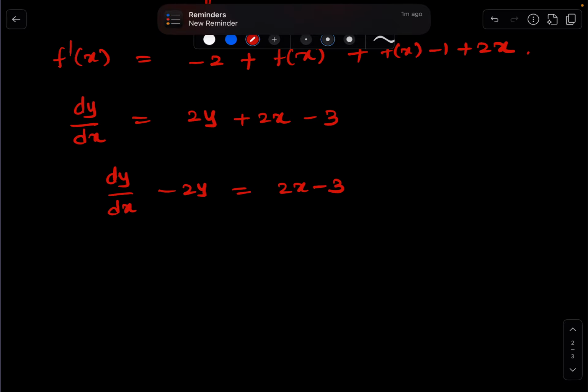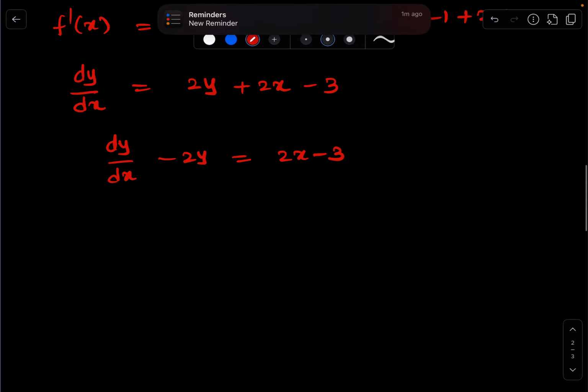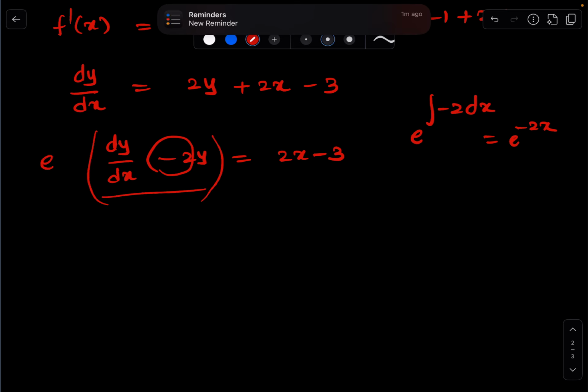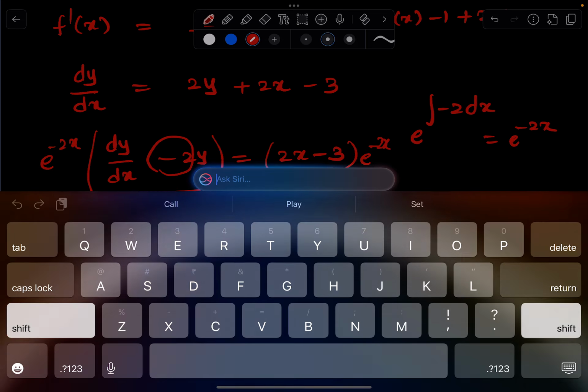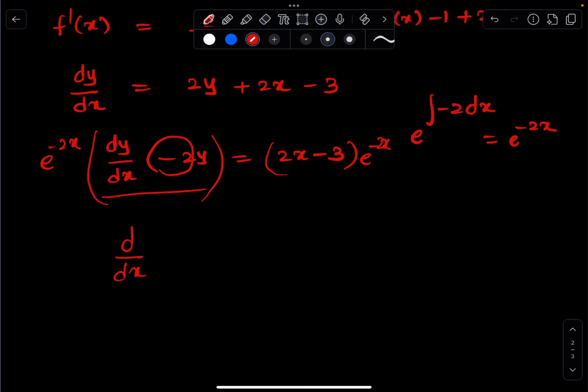Now you have to find the integrating factor. What is your integrating factor? Integrating factor will be e to the power of integral of minus 2 dx. So this is simply e to the power minus 2x. When you multiply it with the integrating factor on both sides, the left hand side will be d by dx of y into e to the power minus 2x, and your right hand side is the same, whatever you have here.